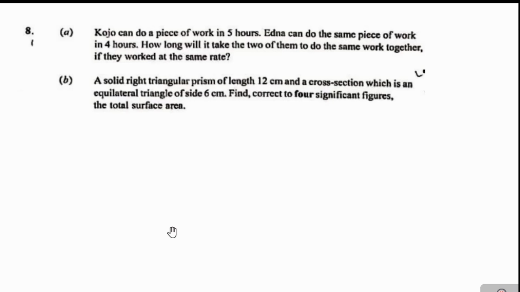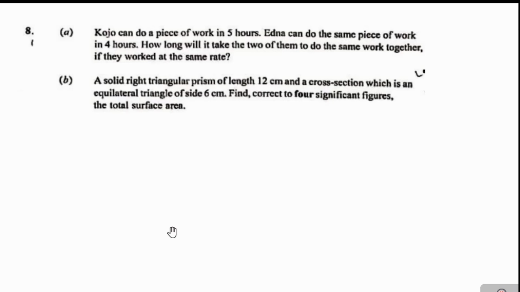And the B part says, a solid right circular prism of length 12 centimeters and a cross section which is an equilateral triangle of size 6 centimeters. Find correct to 4 significant figures the total surface area.